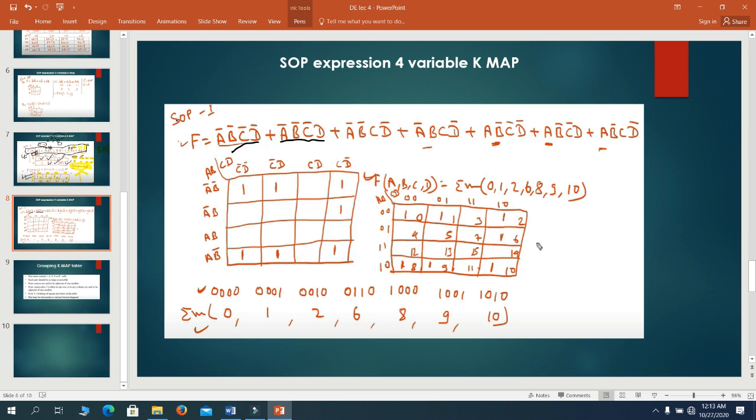So the first thing we can do is find the binary equivalent of the given function, and from the binary equivalent we can find the decimal equivalent. Once we have figured out the binary and the decimal equivalent, we can place ones in the corresponding Karnaugh map.